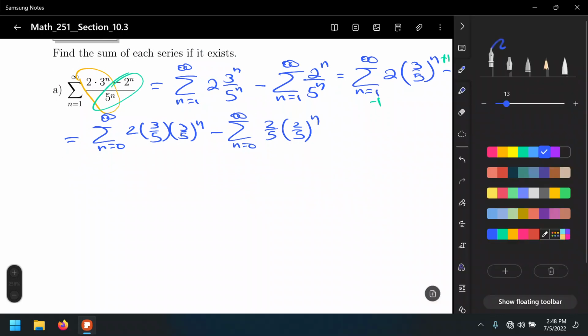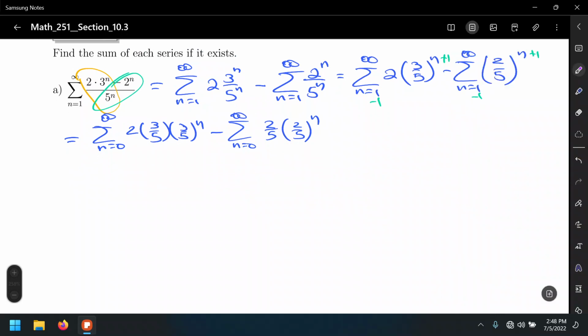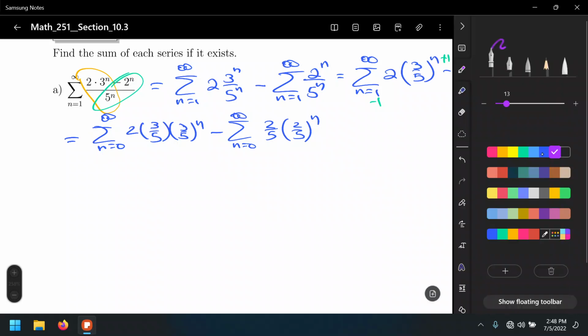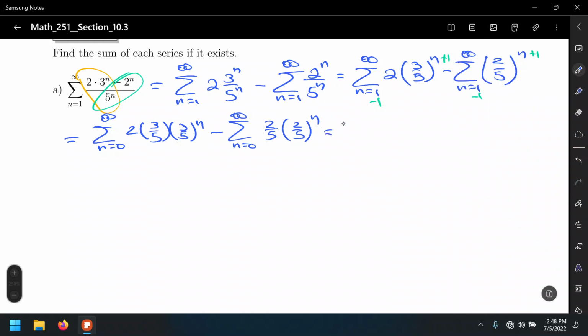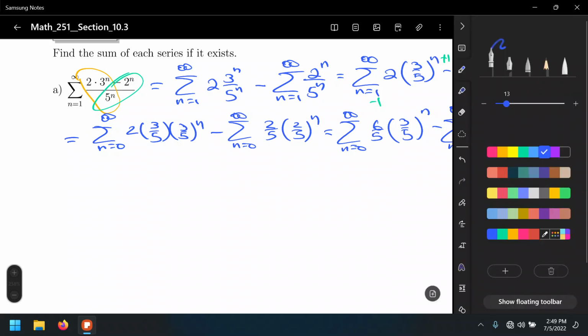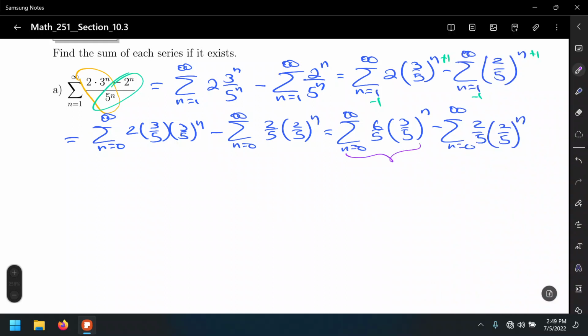To avoid a lot of messy work, let me reduce this to 2 times 3, which is 6, so 6/5 times (3/5) to the n, n equals 0 to infinity, minus 2/5 times (2/5) to the n. Let's label these two series as A and B.